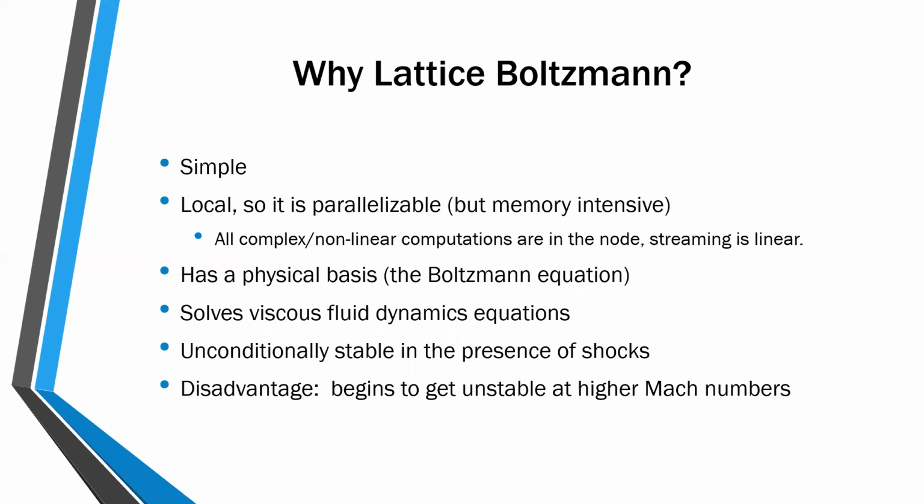Depending on how you do it, there's X amount of probability distribution functions per node, and all of the ugliness, all the calculations are in each individual node. So what you do is you make all the calculations, and you could parallelize it up to the number of nodes you have if you have a strong enough computer. And then once you do all the ugly calculations, you stream it out and go to the neighboring nodes.